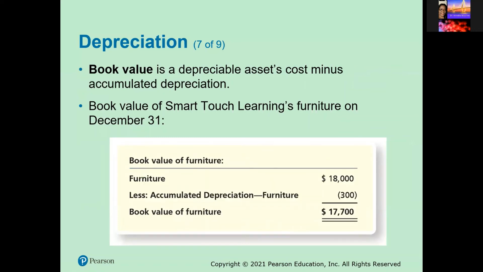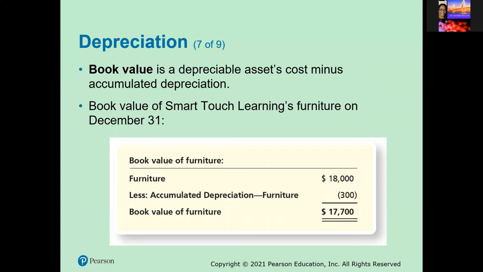The balance sheet reports both furniture and accumulated depreciation furniture. Because it is a contra account, accumulated depreciation furniture is subtracted from furniture.